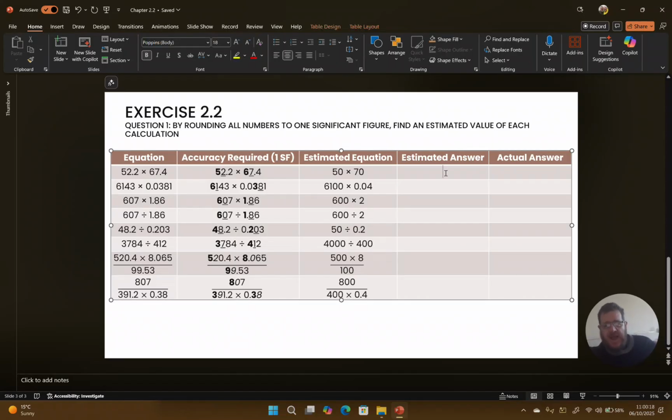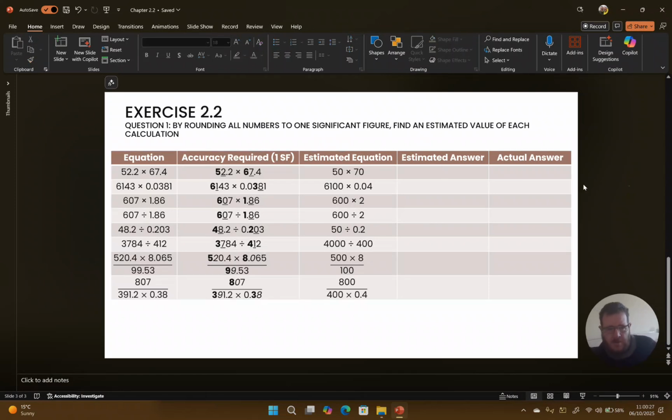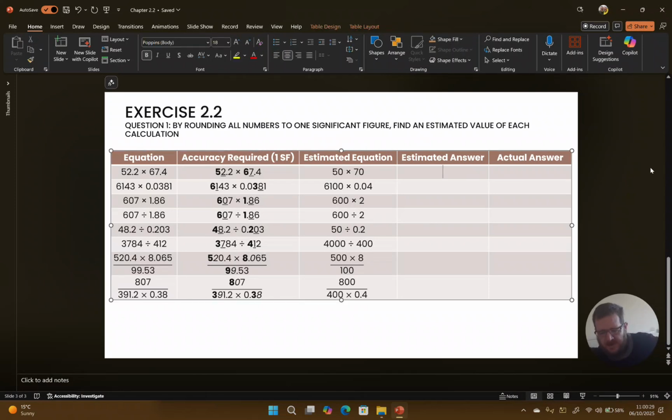So let's now find the estimated answers. Well, 50 times 70 would do 5 times 7, which is 35, and then add 2 zeros at the end, so that the 3 and the 5 keep their place.